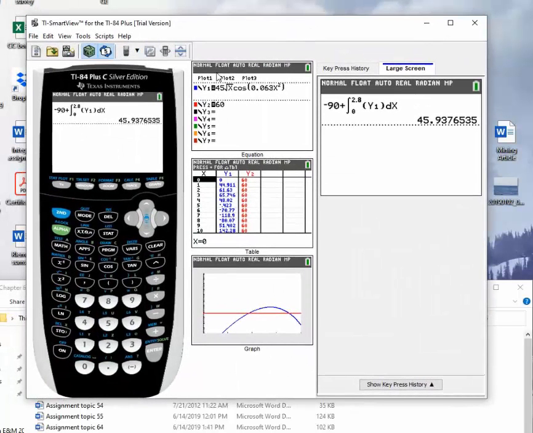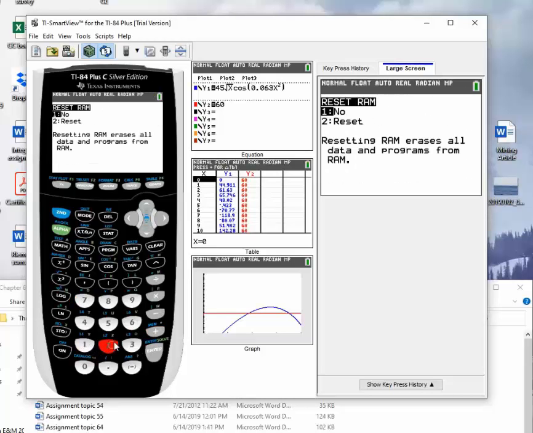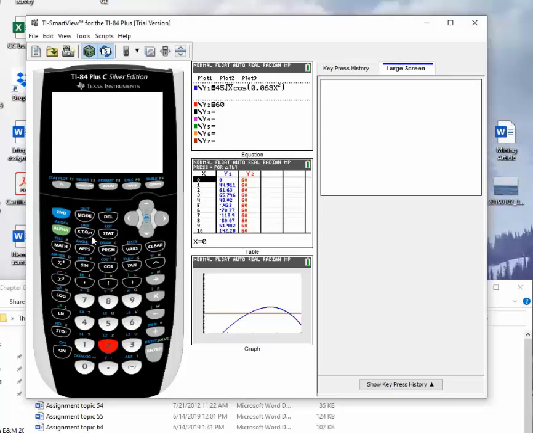Pull this over here so you can see it. I already had something in there, so go ahead and cheat and clear everything out of there.